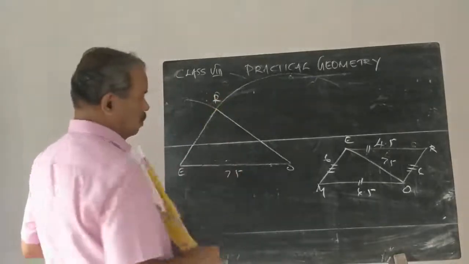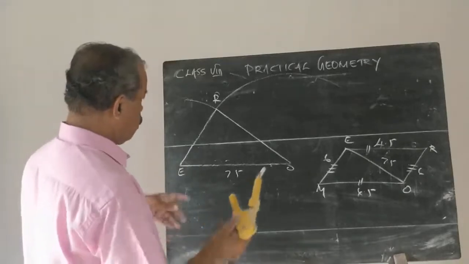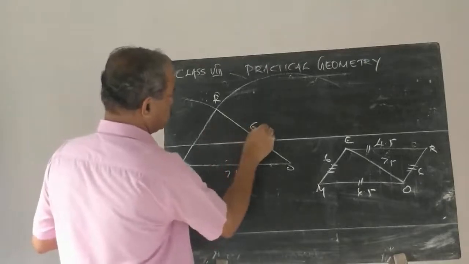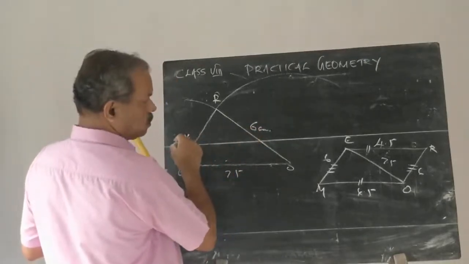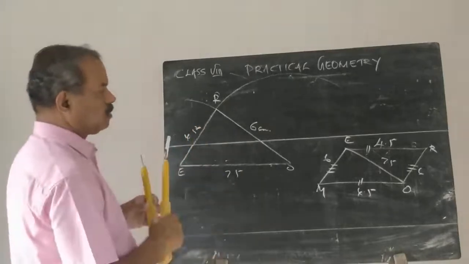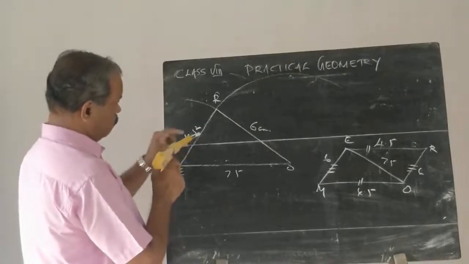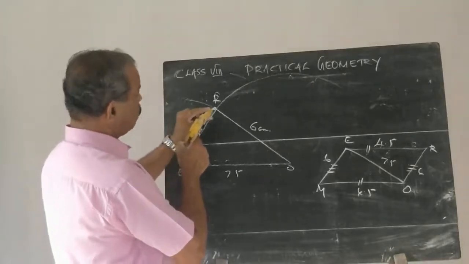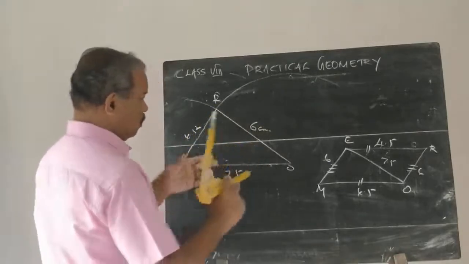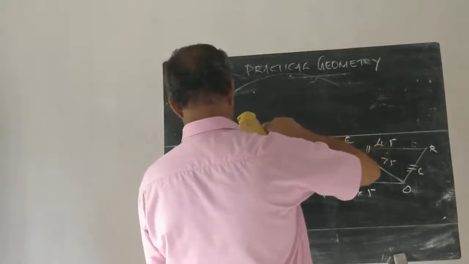ER is 4.5 centimeters, and MO is 4.5 as well, because opposite sides are equal.